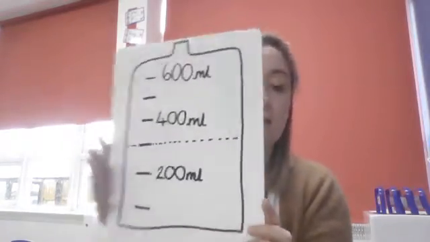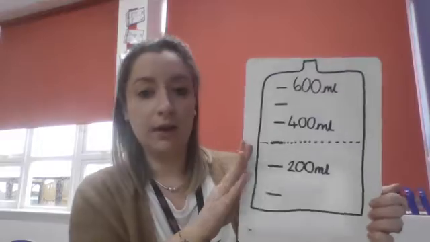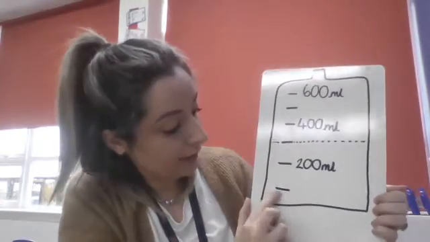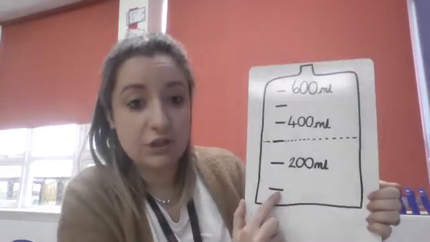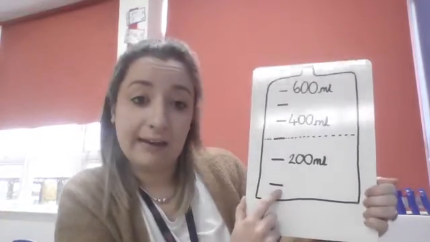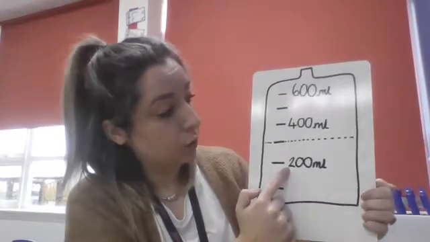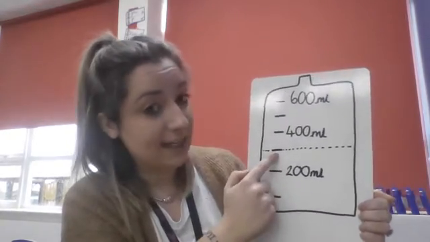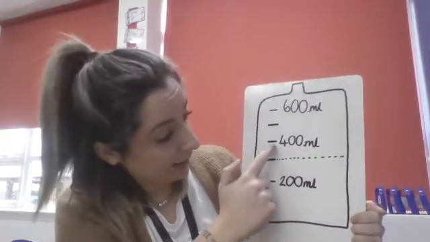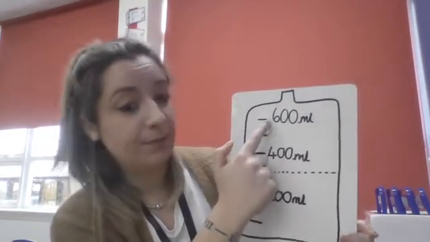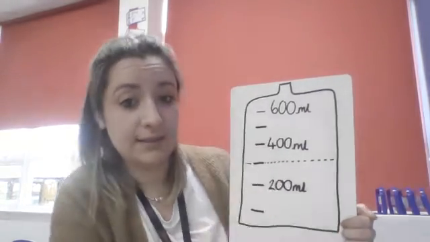Here is my container. The first line, which we would call an integer, is blank. Then it jumps up to 200 milliliters, and then it's blank again. Then it jumps up to 400 milliliters, then it's blank again, and then up to 600 milliliters.